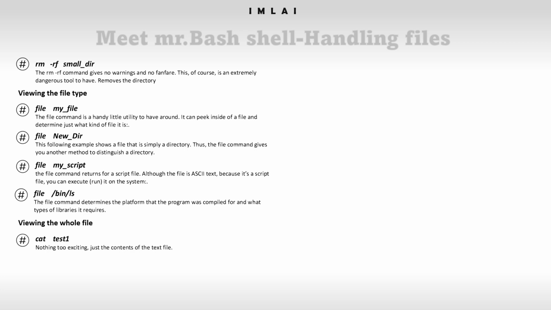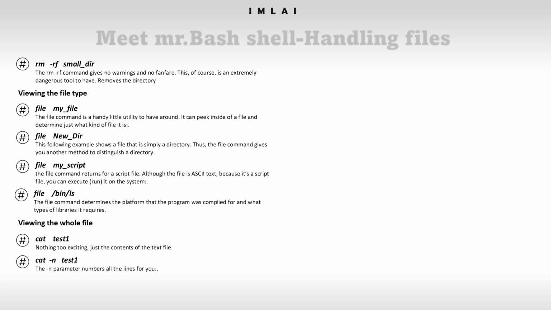Linux has 3 different commands that can help you here. The first one is the cat command. The cat command is a handy tool for displaying all the data inside a text file.